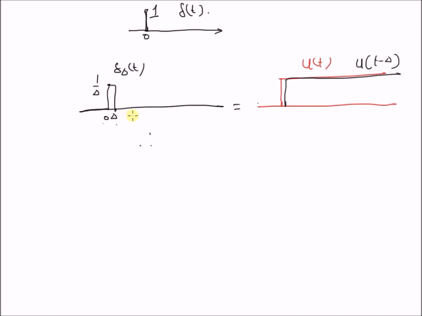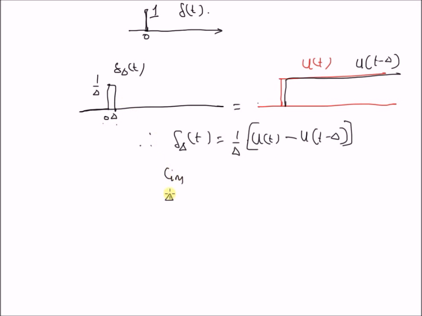Therefore, the pulse signal can be seen as the difference between the unit step signal and its delayed version multiplied by the magnitude of the pulse signal, which is equal to 1 by delta times u of t minus u of t minus delta. This difference has a magnitude of 1, so when you multiply it with 1 by delta, it becomes the pulse signal.